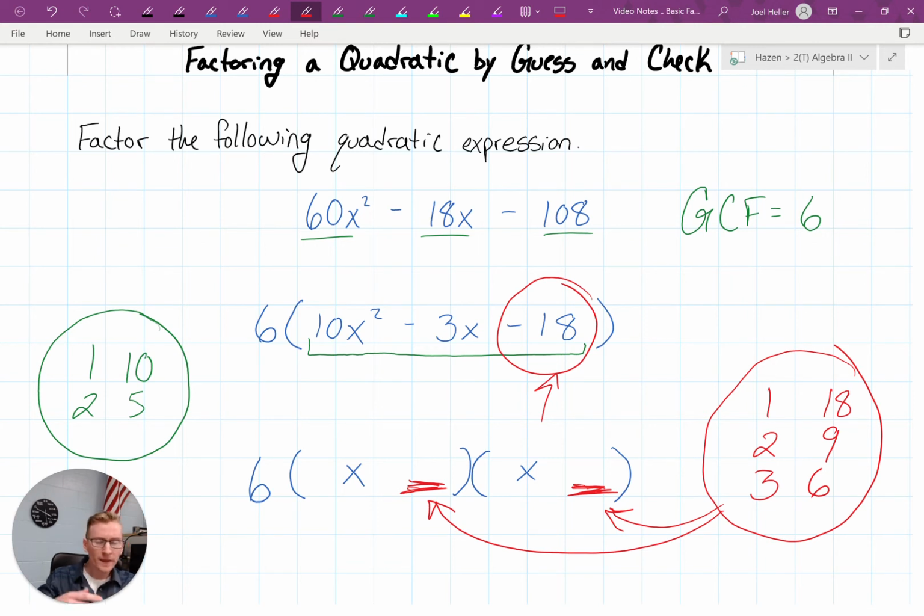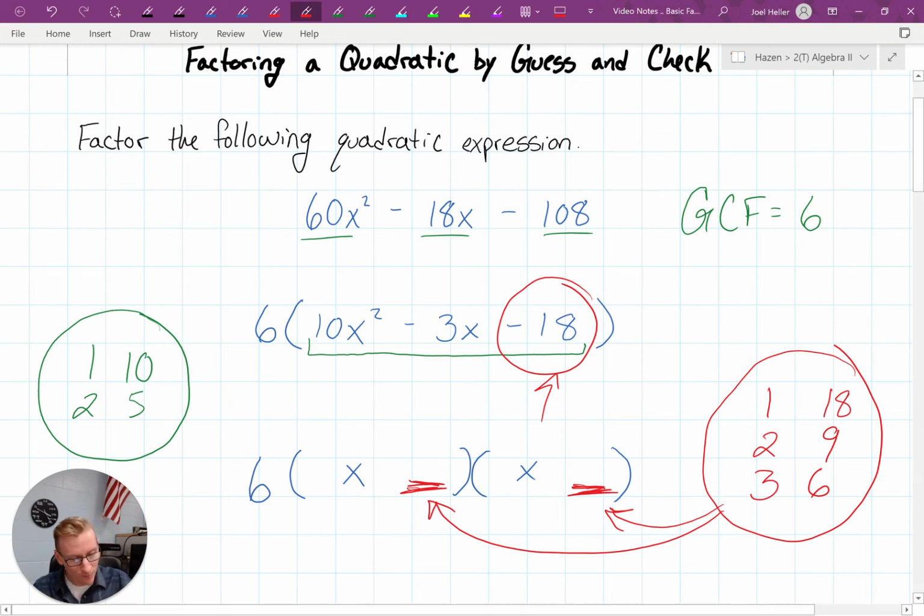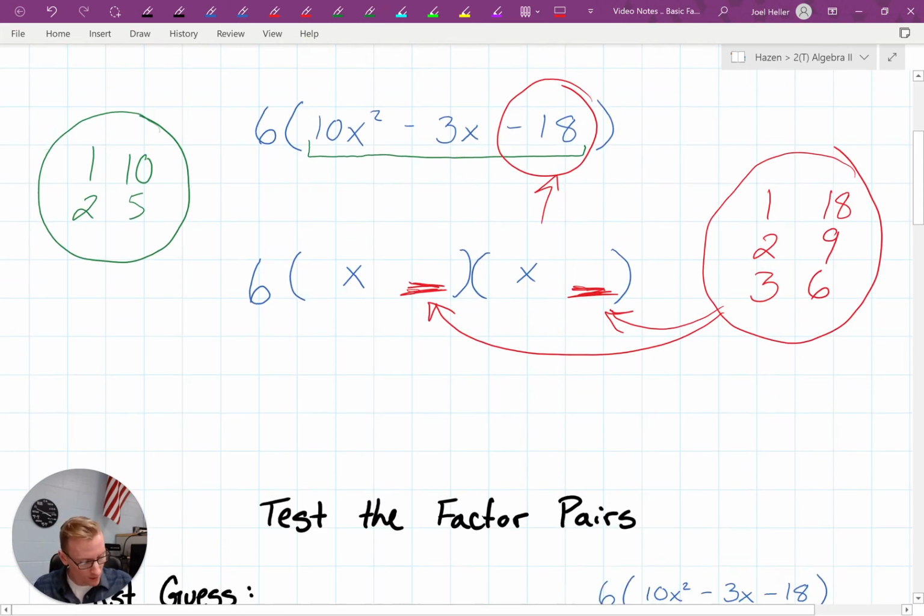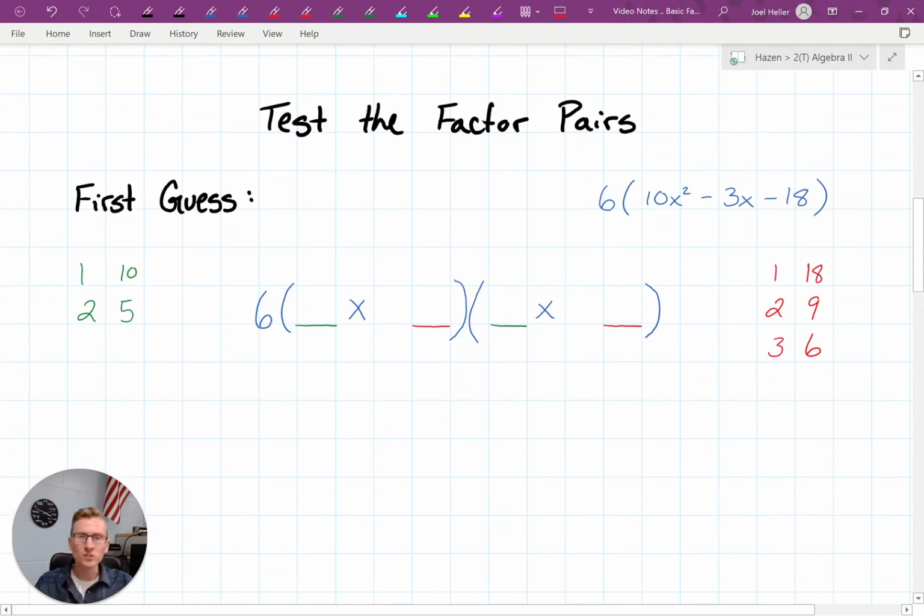Now I'm going to look at different combinations of those things, and I'm going to try it to see if I end up with this original quadratic that I started with. So here's what I did. I went down through and made a list of a bunch of different guesses. Like here's my first one.